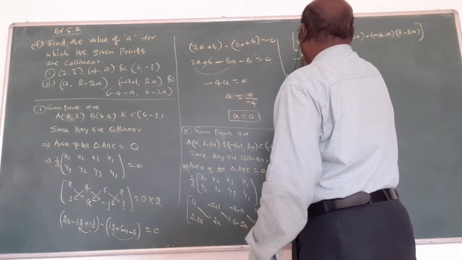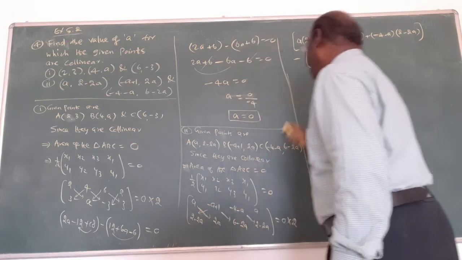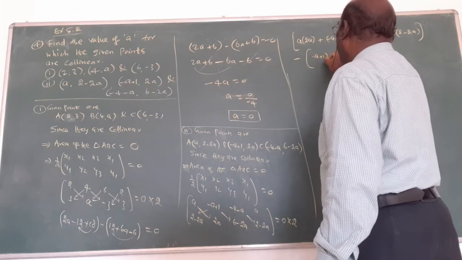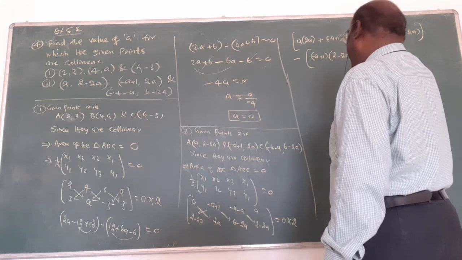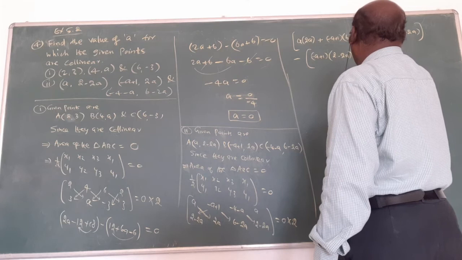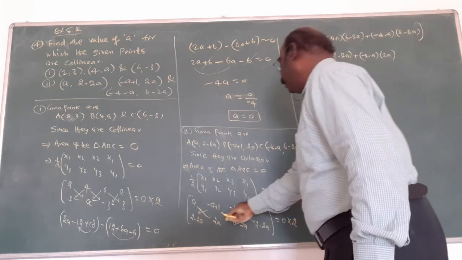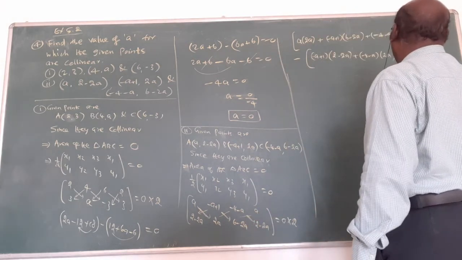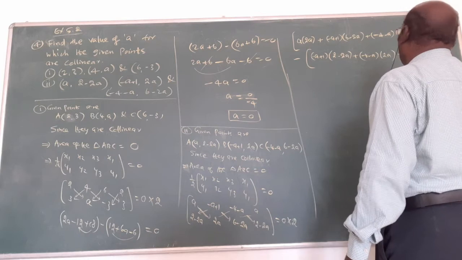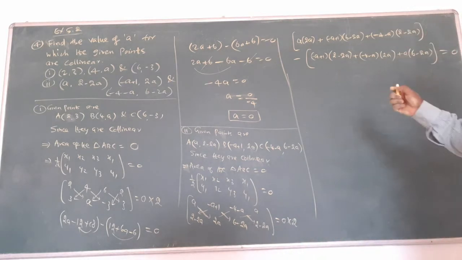Close the bracket. Minus, next this way: minus a plus 1 into 2 minus 2a plus minus 4 minus a into a. Last one: a into 6 minus 2a. Close the bracket equal to 0. Now simplify.